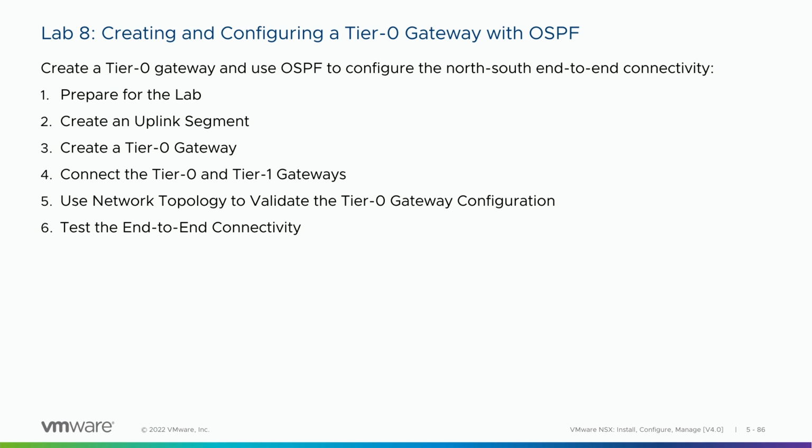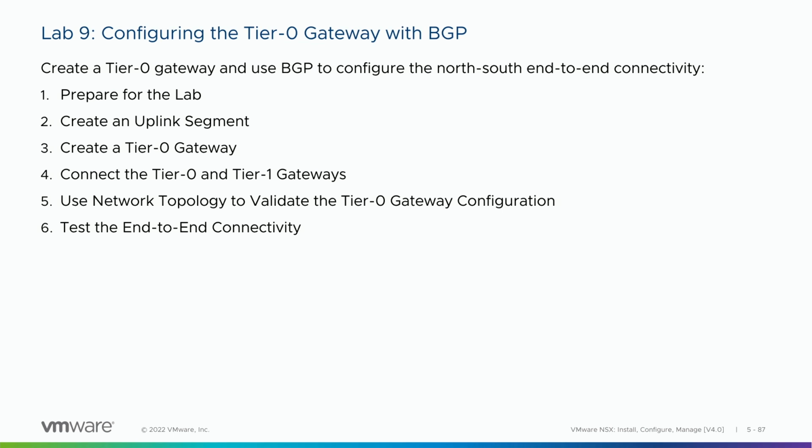When we're done with lab 8, we'll go ahead and move on to lab number 9, where we're going to kind of do the same thing. We're going to build another Tier 0 gateway with its own uplinks, but instead of using OSPF, we're going to configure that using BGP. And we're going to do the same kinds of things. We'll attach our Tier 1 gateway to the BGP Tier 0, and we'll do some validation to make sure our routing peers are working and that we can move traffic in and out of NSX.